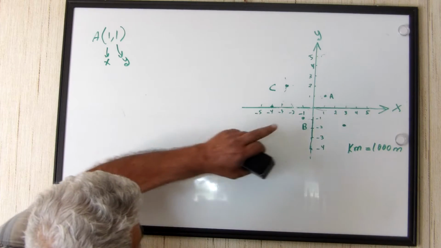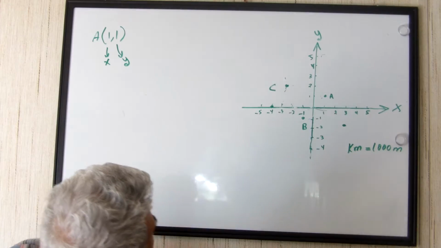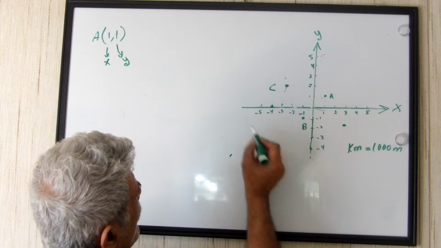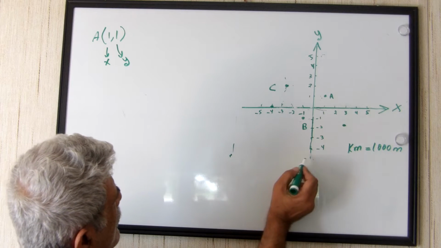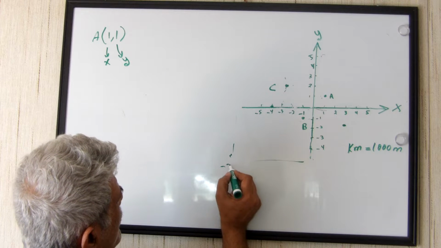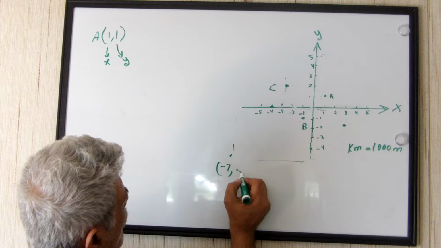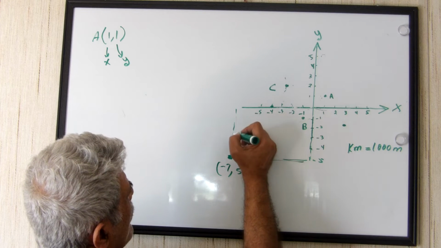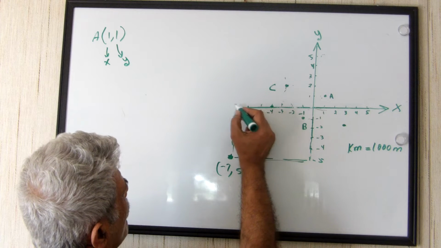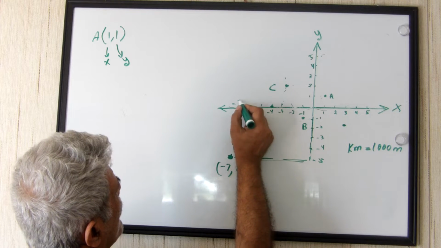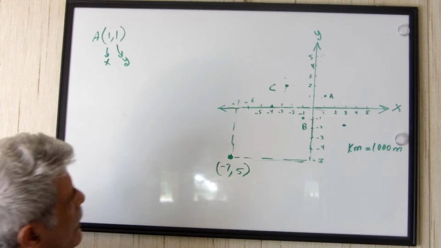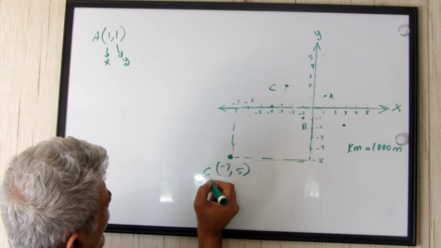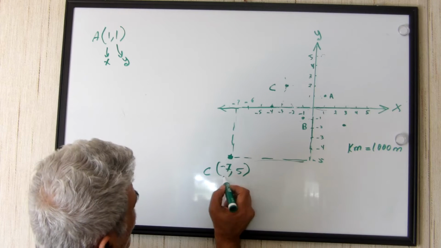So if we want to locate a point, you have to give x and y. Say you find the y value, this is negative, and the x value, and it is about -7 and -5, for example. This is -5, and this is -7. We locate this as point C on this grid.